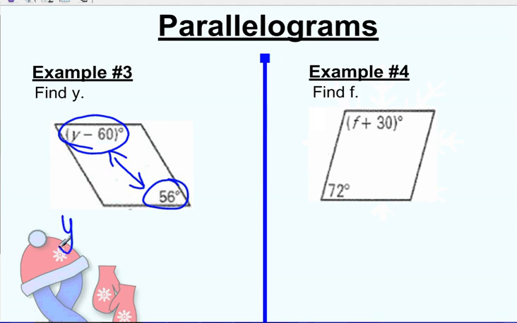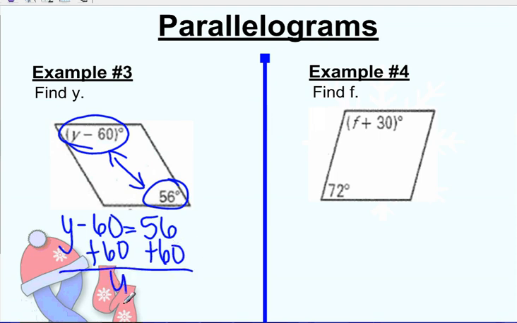So I'm going to set them equal. Y minus 60 equals 56. I'm going to add 60 to both sides. So I'm going to get y equals 116.